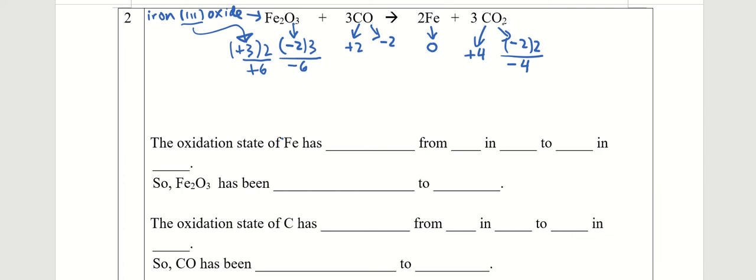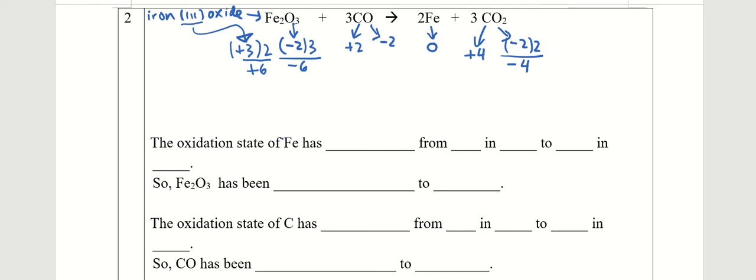Similarly, for carbon dioxide, I looked at the individual oxidation states of the elements in the compound, and I do not do anything to the number 3 in front here. I do not use that at all. Okay, just to be clear, when we determine oxidation states of elements in a compound, we just look at the molecular formula only.